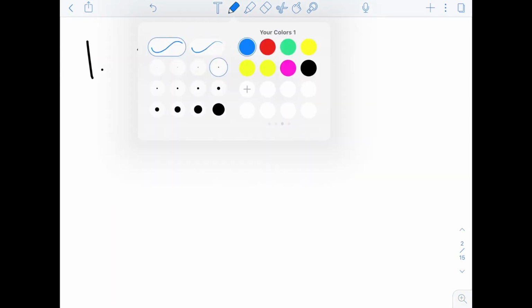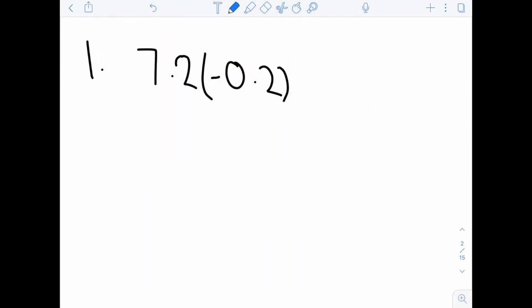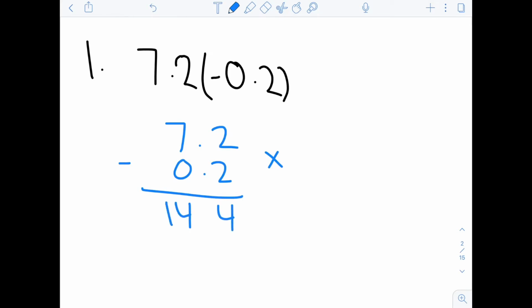So, as you can see, 7.2 is positive and negative 0.2 is negative. So they have different signs, so their product is going to be negative. So let's multiply this out. 2 times 2 is 4, and 7 times 2 is 14. And when you multiply the 0 to both of these, you're just going to get 0.